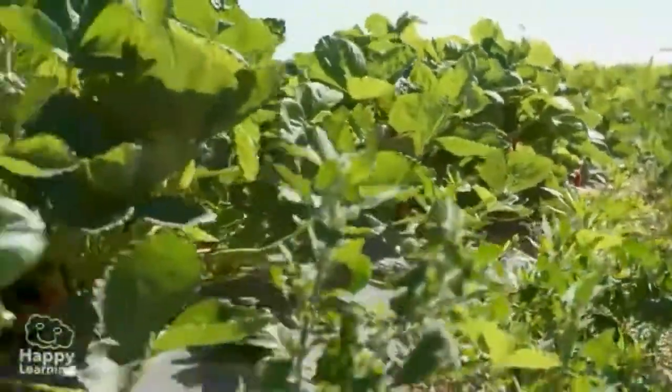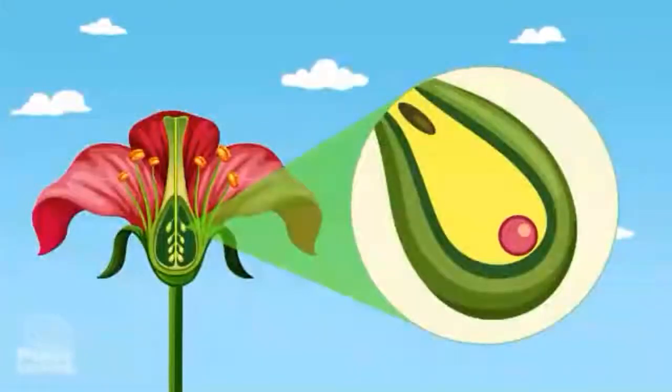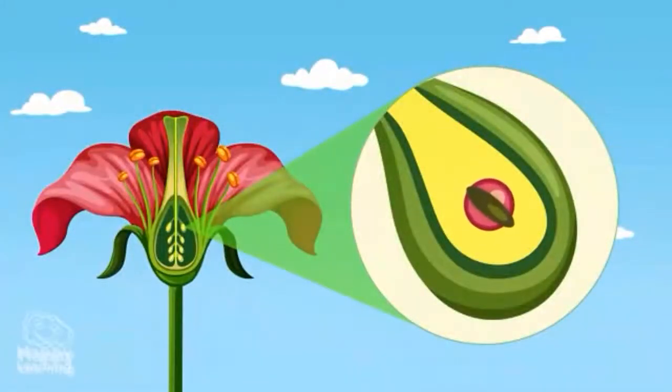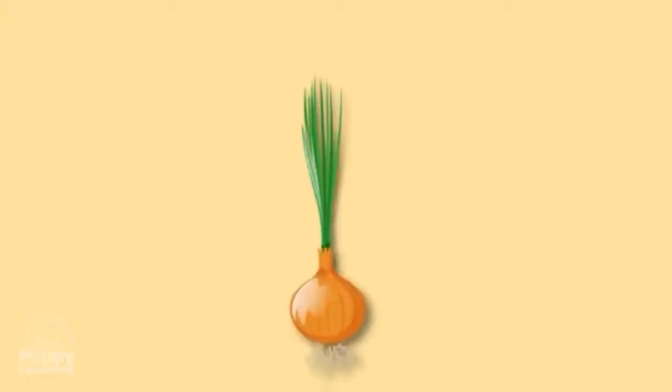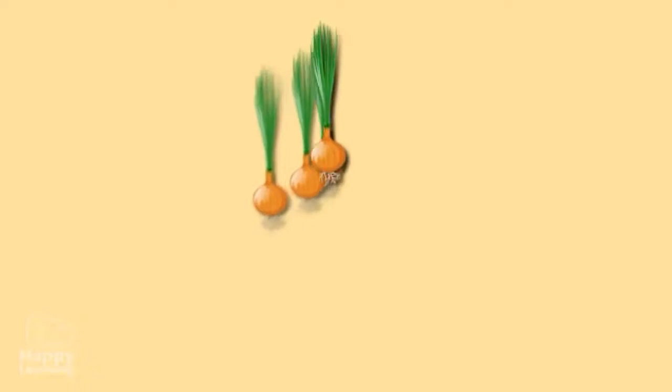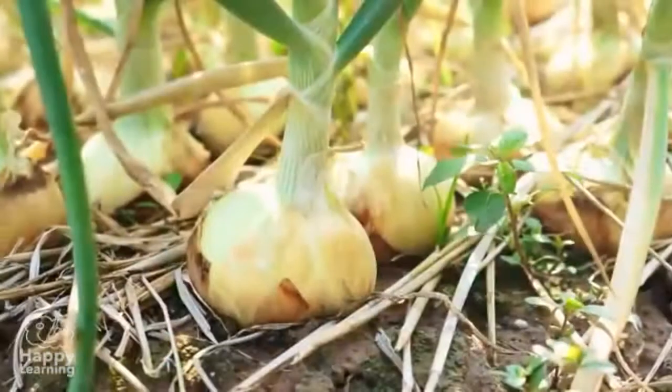In asexual plant reproduction, flowers don't intervene. There's no need for a gamete, or female and male cell. In asexual reproduction, there's only one parent, so the new plants will be genetically identical to it.